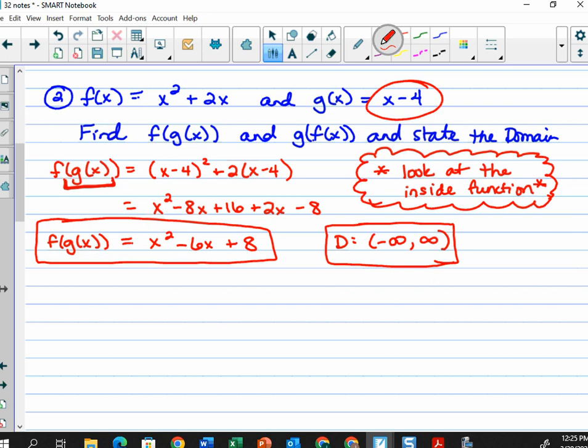All right, you guys try g of f of x and the domain of that for me. It is not super complicated. Don't make it harder than it is. You just simplify and you're done.